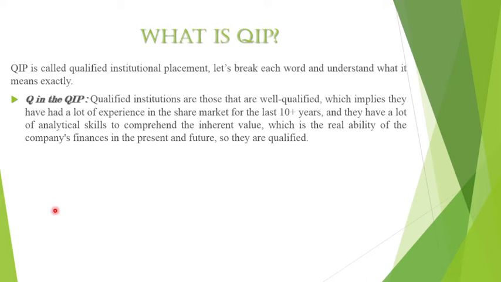Being well qualified, with huge experience in the stock market for the last 10 years, is what it means to be a qualified institution. So this is about the Q in QIP.